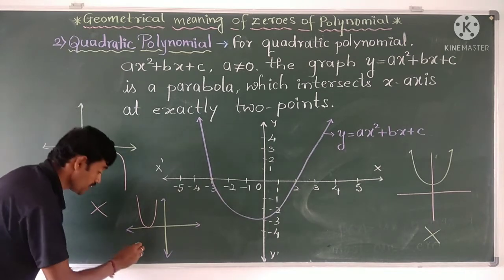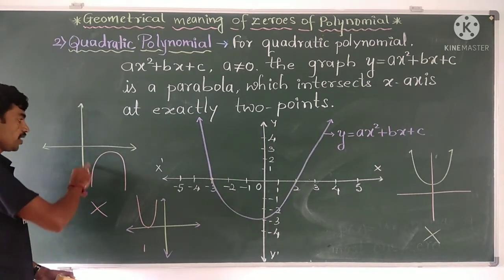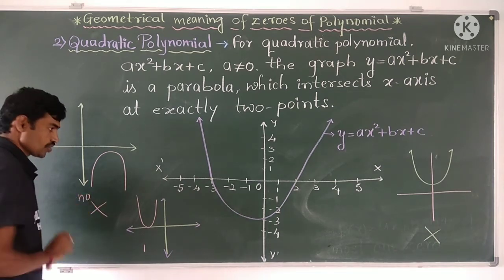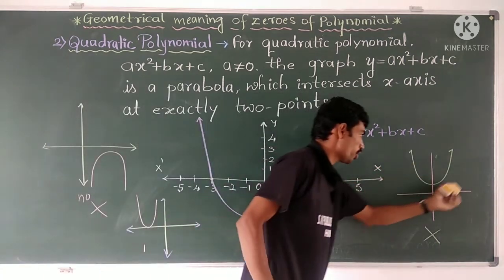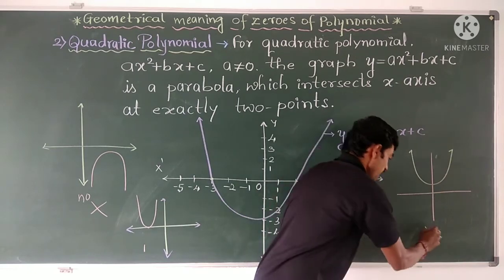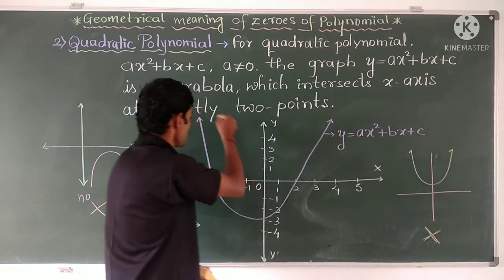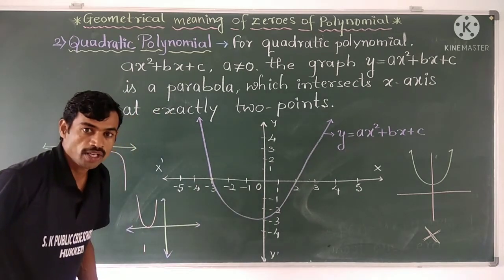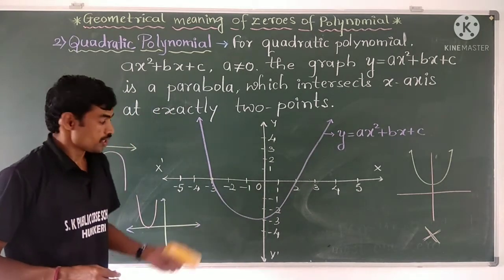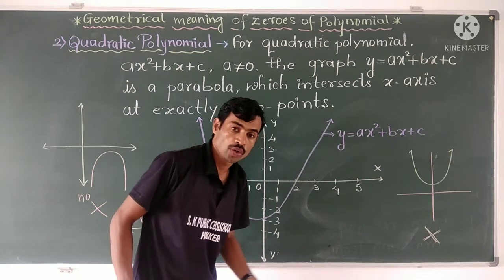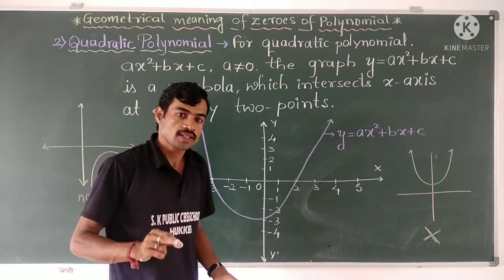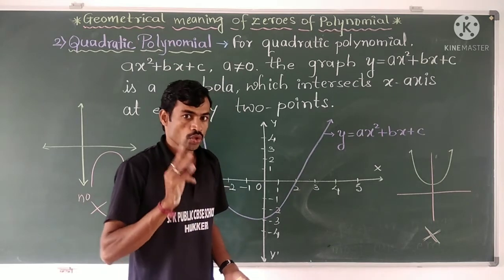So this has 1 zero. This does not intersect the x-axis, so it has no zeros. This graph intersects the x-axis at 2 points, so it has 2 zeros. So lastly we can conclude that a quadratic polynomial has at most 2 zeros.